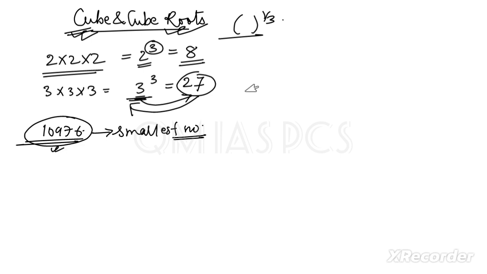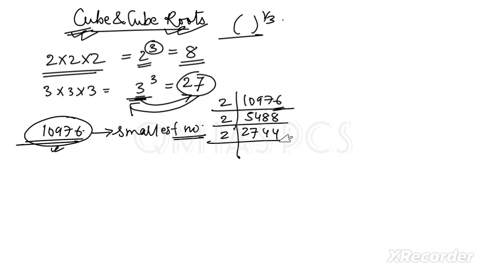So we will write 10976. At the unit place it is 6, that means it's an even number, so we will divide by 2. It will be 5488. Again it is even, so dividing by 2 it will be 2744. Again dividing by 2 it will be 1372.